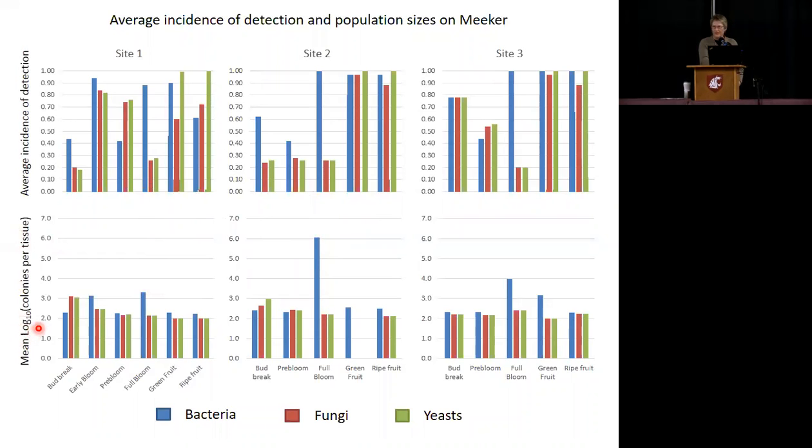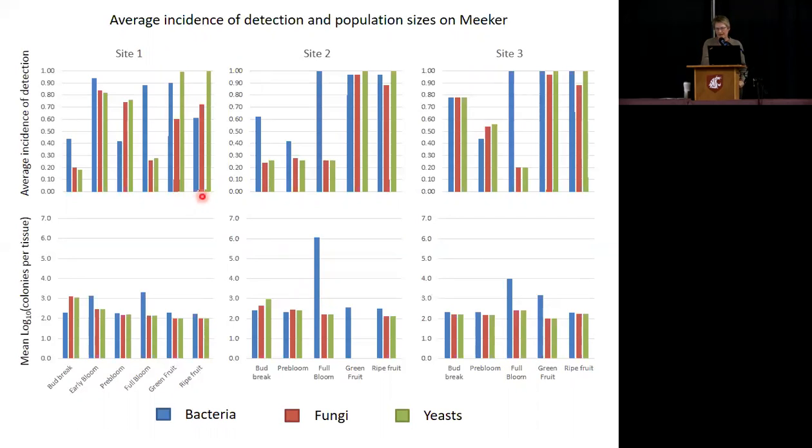So 2 means 100 cells, 3 means 1,000, and so on, 10-fold increase. So we see the populations are fairly stable, except at full bloom, we see a spike in the bacterial population sizes. The interesting thing to me is that during green fruit and ripe fruit development, we really had high populations of all 3 types of microorganisms on these samples.